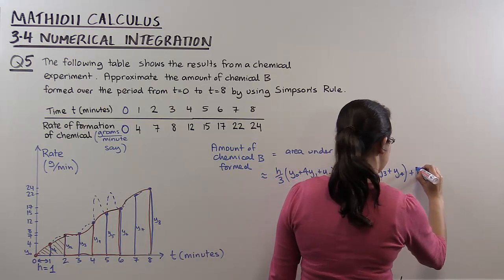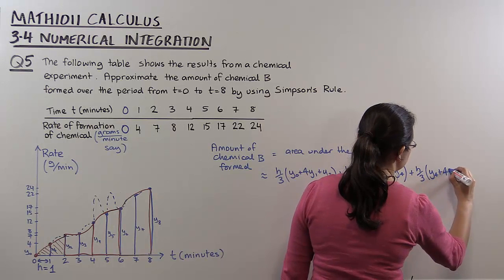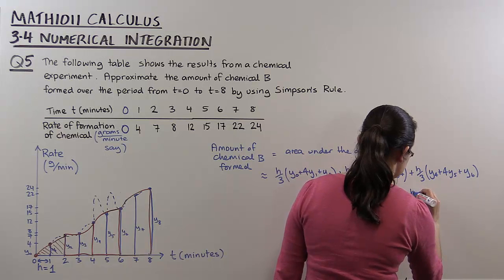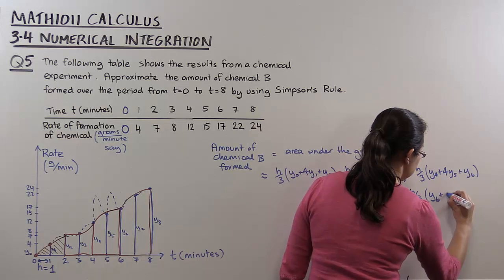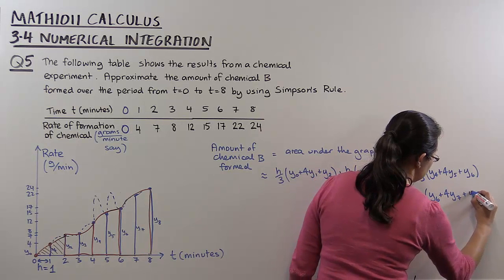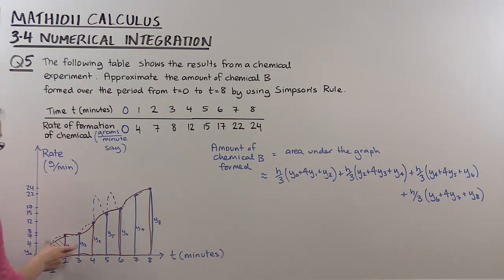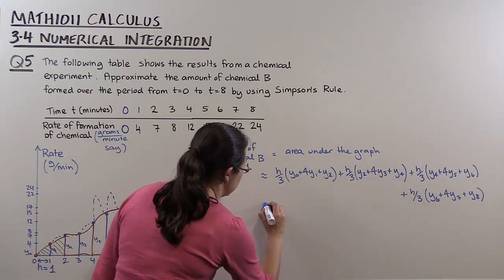For the next pair, we have h on 3 outside of y4 plus 4y5 plus y6. And then for the last pair of subintervals, we have h on 3 outside of y6 plus 4y7 plus y8 there. So we're doing it for 4 separate pairs of subintervals. Now you can simplify this expression.